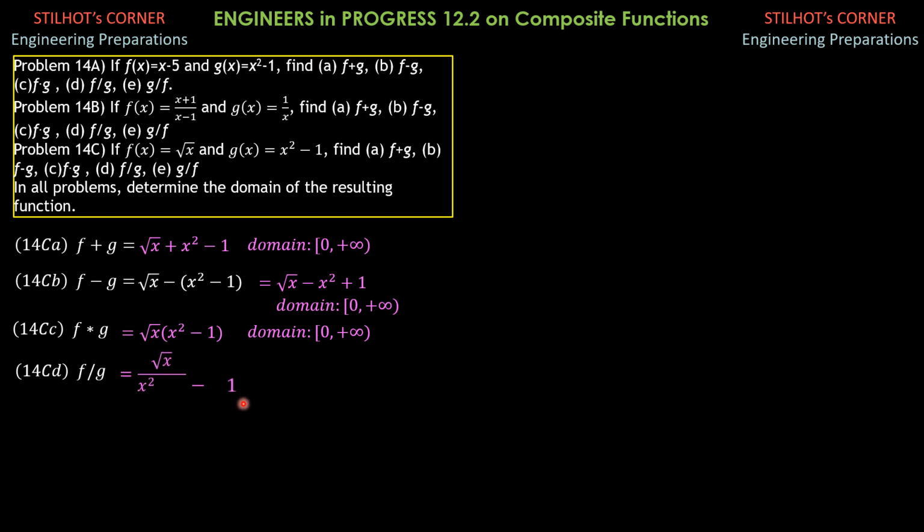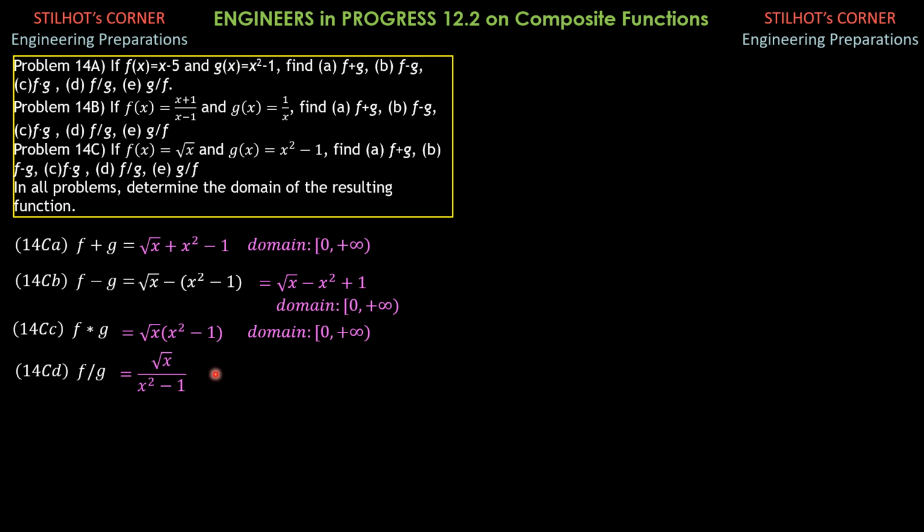Then 14cd, we have f divided by g, so that's the square root of x divided by (x squared minus 1). For the denominator, x should not be equal to plus or minus 1. And since the numerator's domain is 0 to positive infinity, we note that 1 is also a restriction. So negative 1 is also not allowed, but negative 1 is outside the interval from 0 to positive infinity.